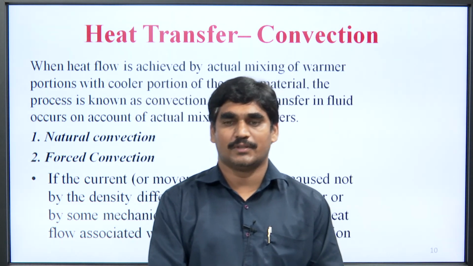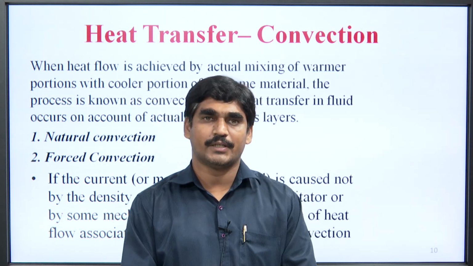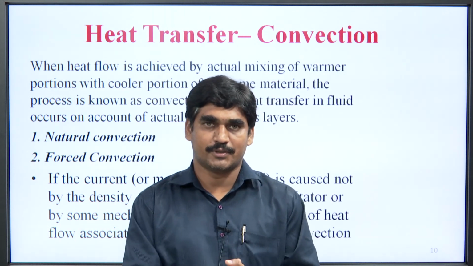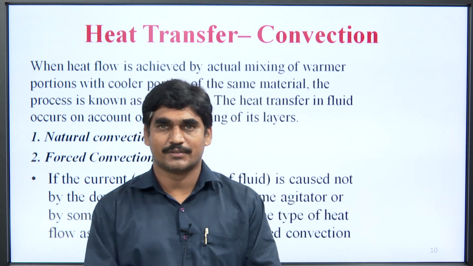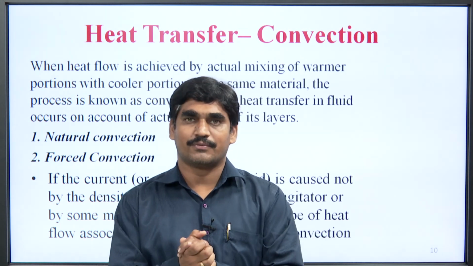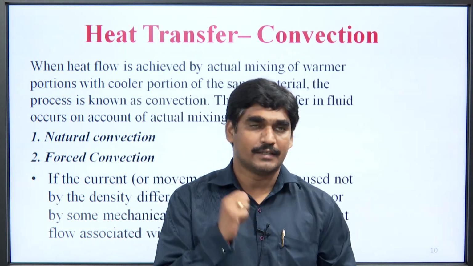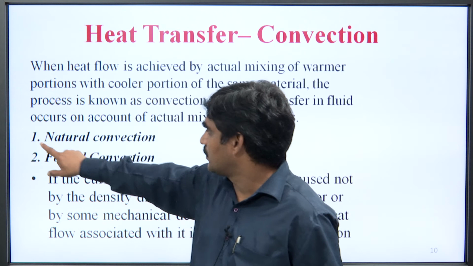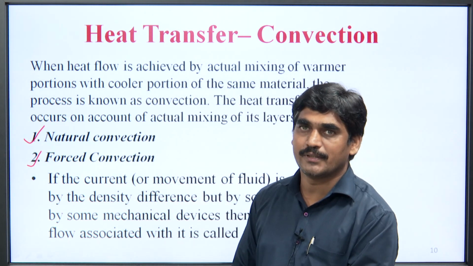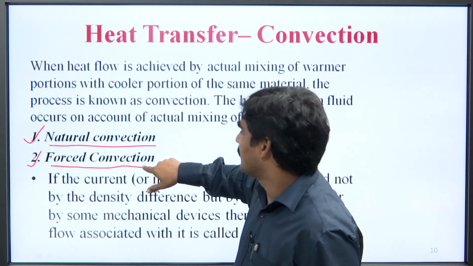Heat transfer through convection. When heat flow is achieved by actual mixing of warmer portion with cooler portion of the same material, then the process is known as convection. The heat transfer in fluid occurs by actual mixing of its layers. There are two methods of convection: natural convection and forced convection.